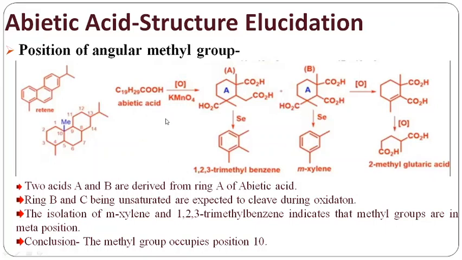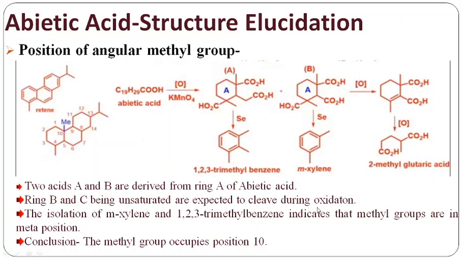On the basis of these reactions, we can derive the following conclusions. The 2 acids A and B are derived from ring A of abietic acid. Rings B and C, being unsaturated, are expected to cleave during oxidation.